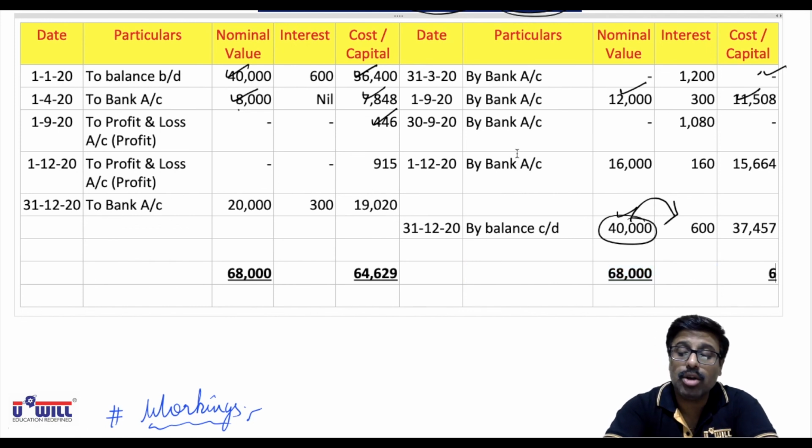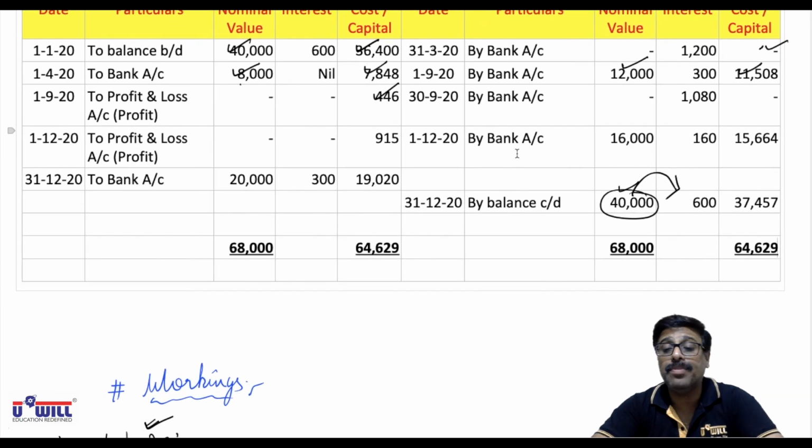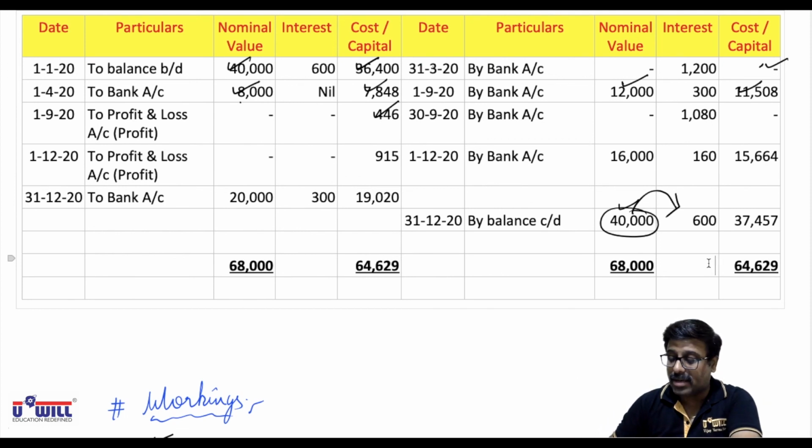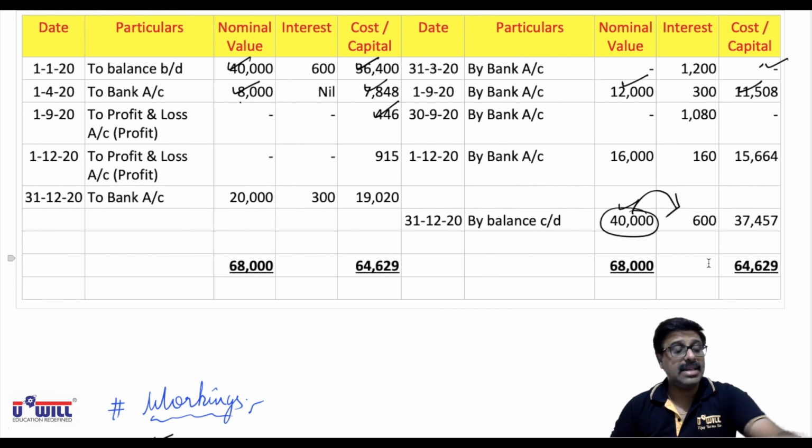So even nominal values and cost of capital's balancing is done. Then I told you interest credit side would always be more, and debit side the balancing figure you'll transfer to P&L account. See, interest account credit side amount 1200 plus 300 plus 1080 plus 160 plus 600. Credit side is 3340.